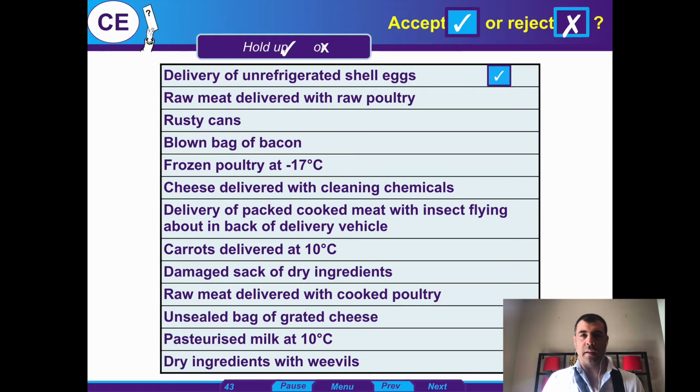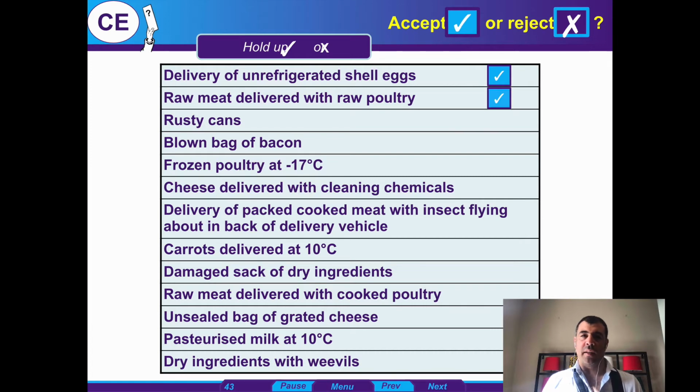Raw meat delivered with raw poultry. Would you accept or reject that? So you would accept it. Why? Because they will both need to be cooked in order to be consumed.